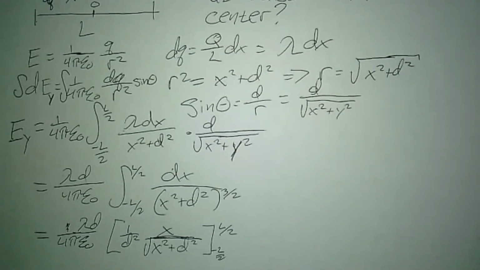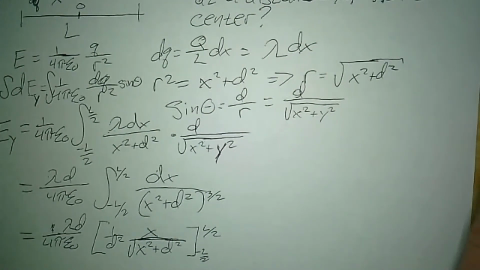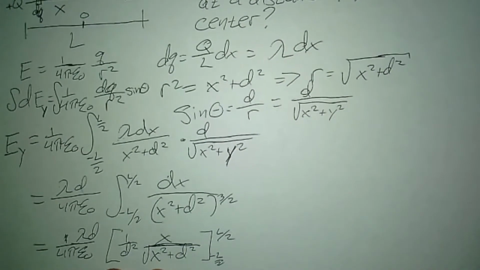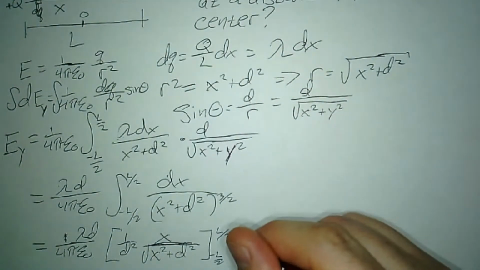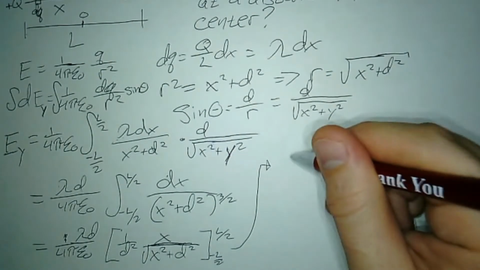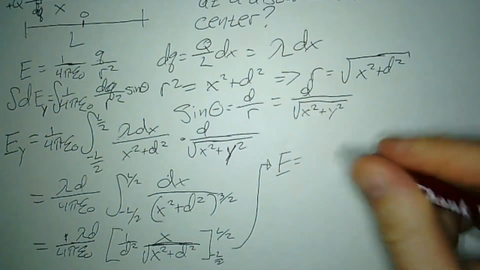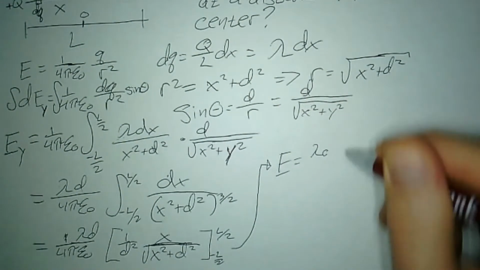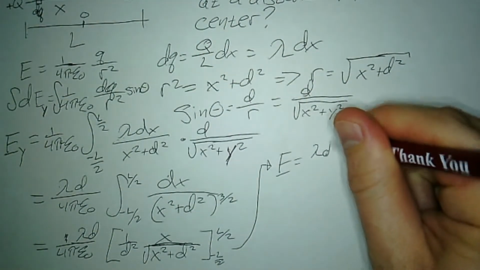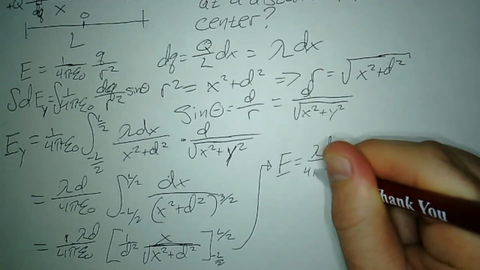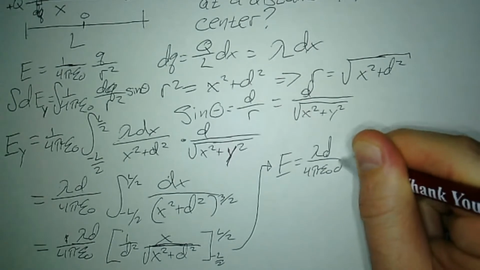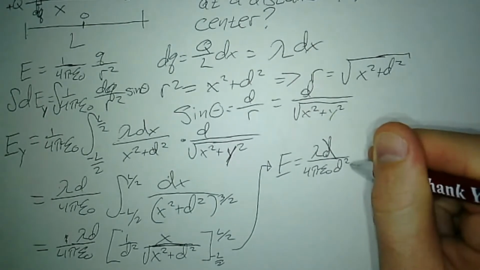So, only 1 or 2 more lines. Let's come to the right side just to finish this off. So we'll just bring this up here and say electric field is equal to lambda. Well, I can cancel that d actually, right? So lambda d over 4 pi epsilon naught d squared. I'll pull that out, so cancel that with that.